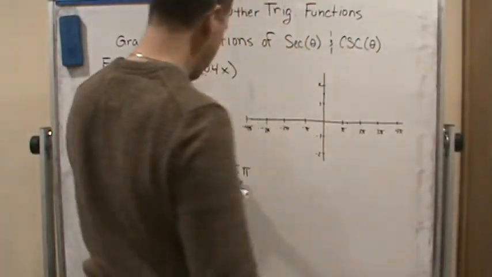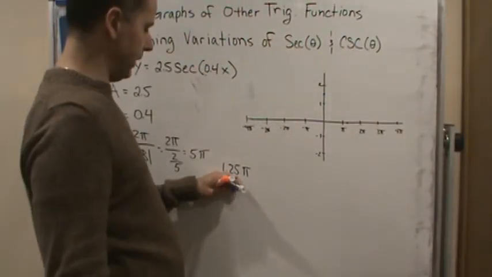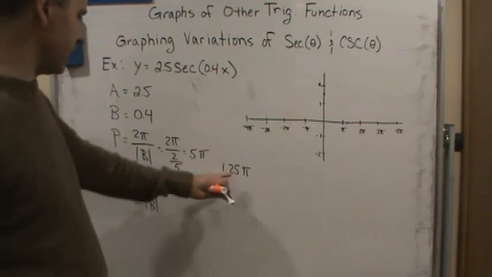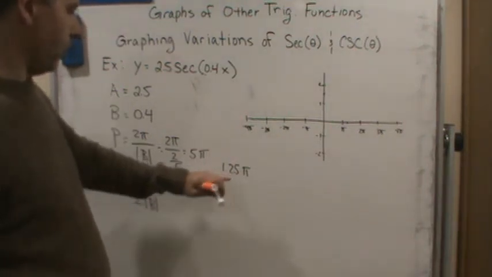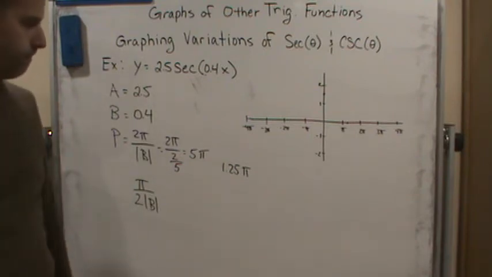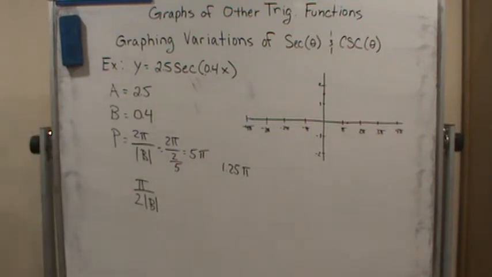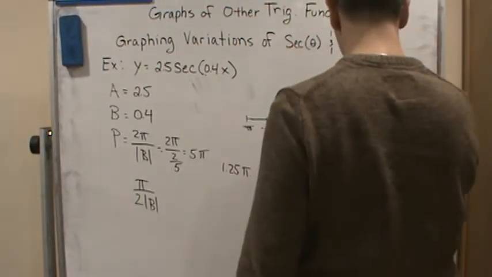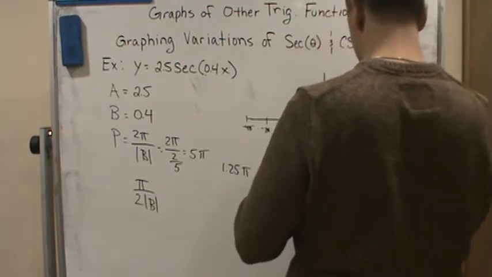So every 1.25 pi is going to be, in this case, an odd multiple. So let me put the asymptotes in.